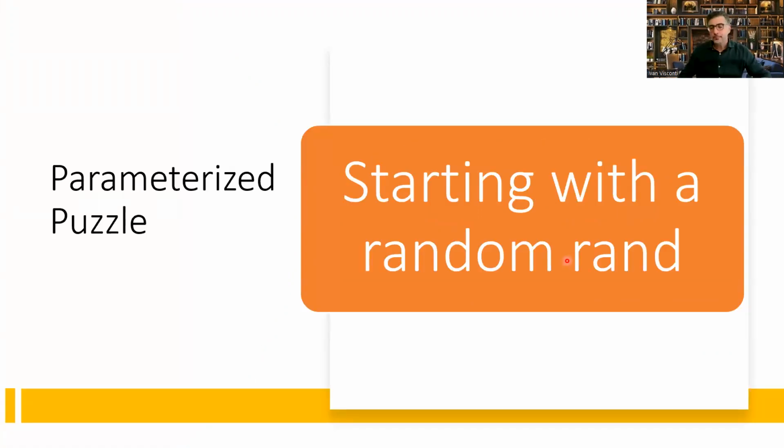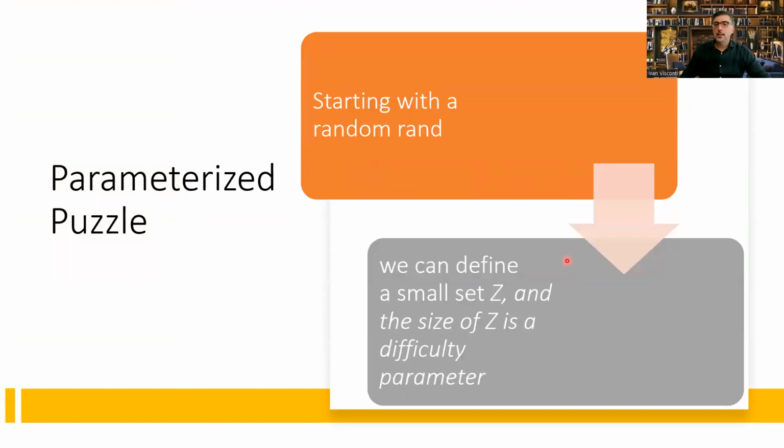Okay, then building on top of this concept of collision-resistant hash function, it's possible to construct something called a parameterized puzzle. What is it? So let's start with a random string, rand. And we can define a set Z such that the size |Z| of Z is the difficulty parameter of this puzzle.